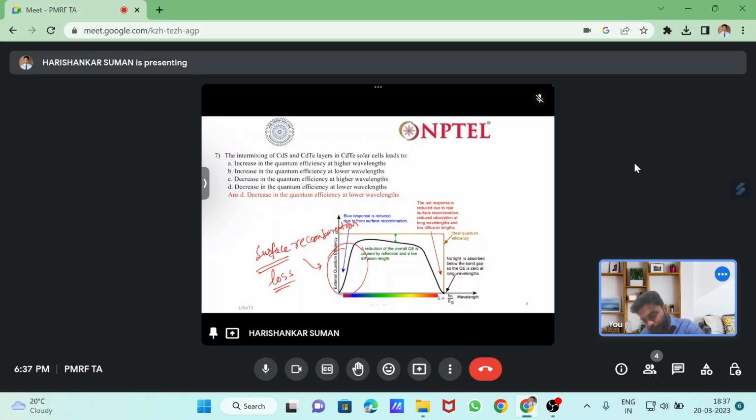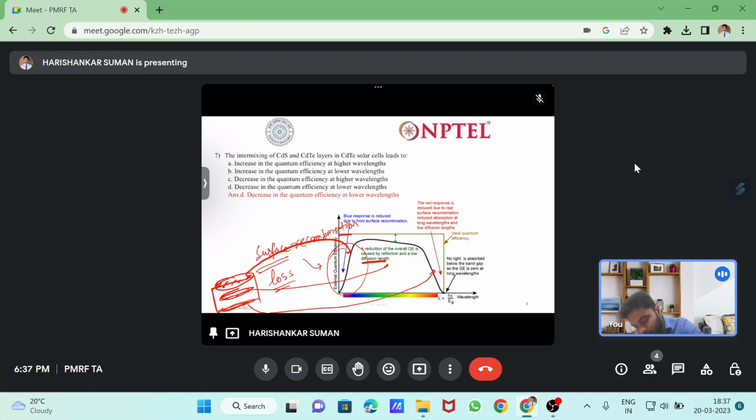How? If the surface is not good, then many losses will be there. Then the overall quantum efficiency is reduced by reflection and low diffusion length. This is related to the material bulk, and red response is reduced due to the rear surface recombination.